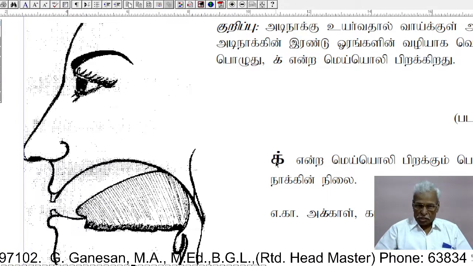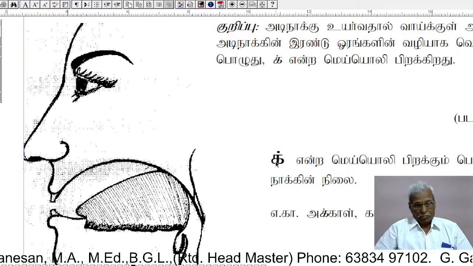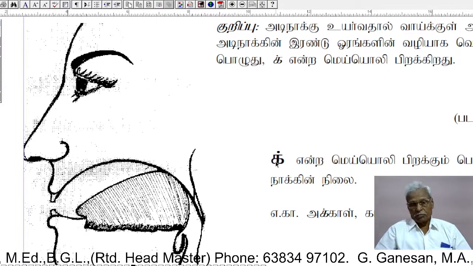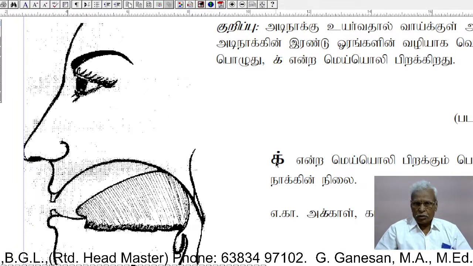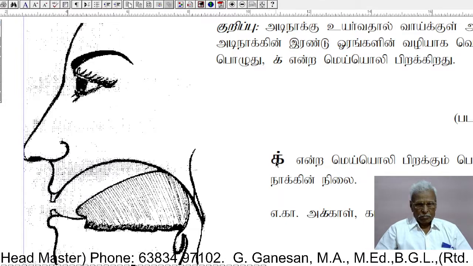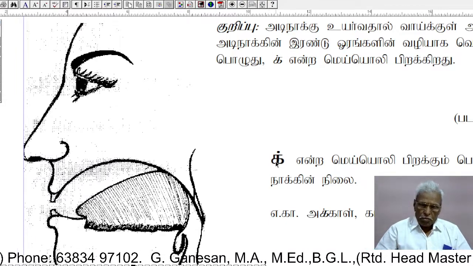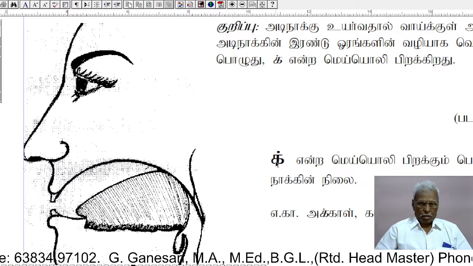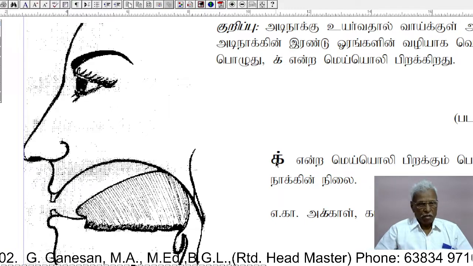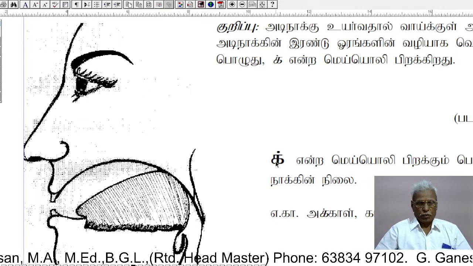This is the definition of the phoneme 'ik' given by Tolkappiyar. In addition to the definition of Tolkappiyar, I would like to give some more explanations regarding the production of this phoneme.